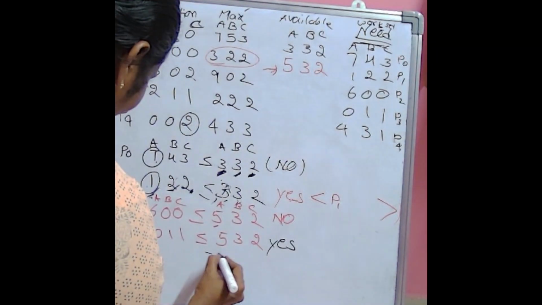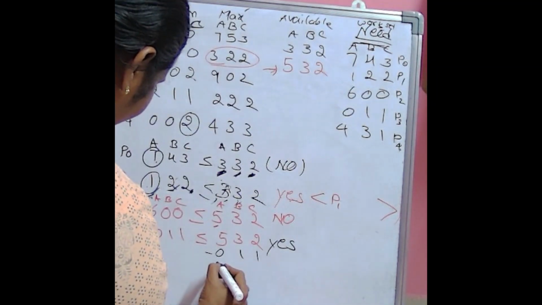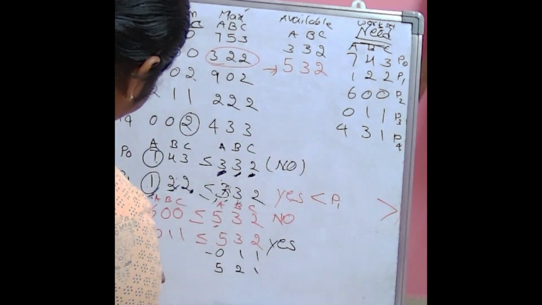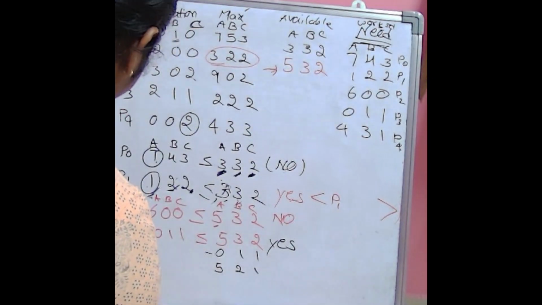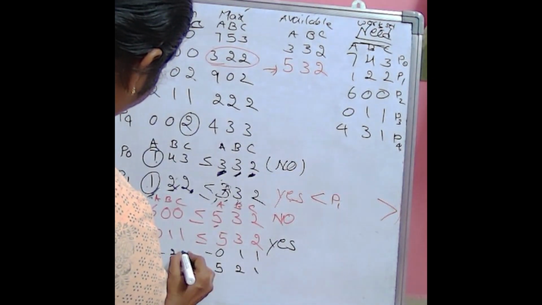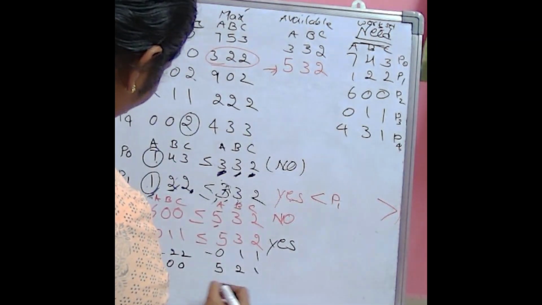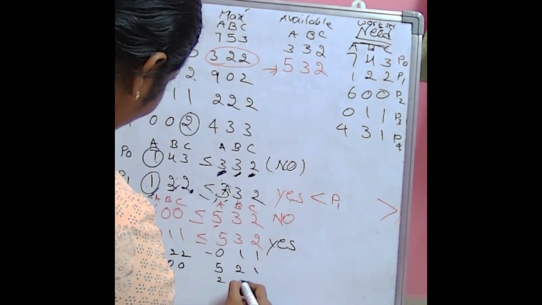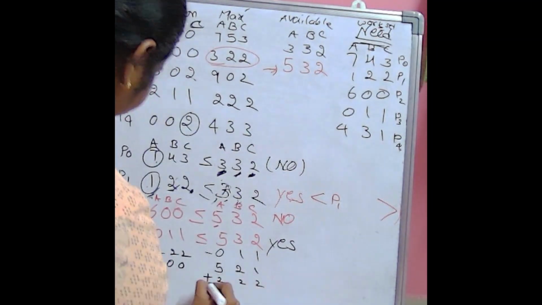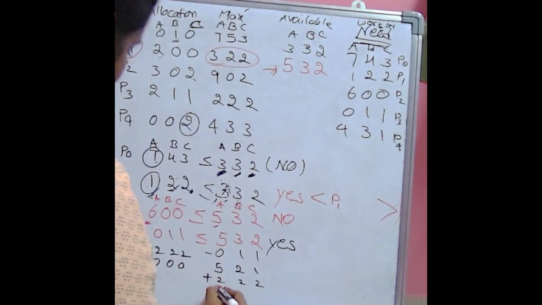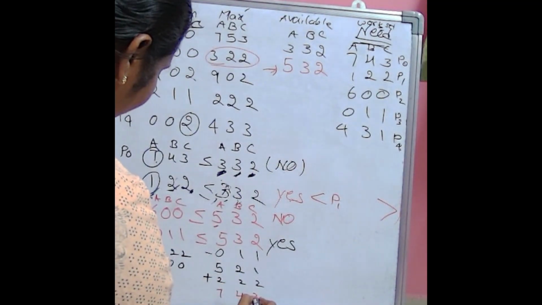First we need to subtract this from available, we get 5, 2, 1, and P3 has 2, 2, 2. It satisfies the request, and after that it becomes 0, 0, 0 and these resources will be added to available. We are having now 7, 4, 3.